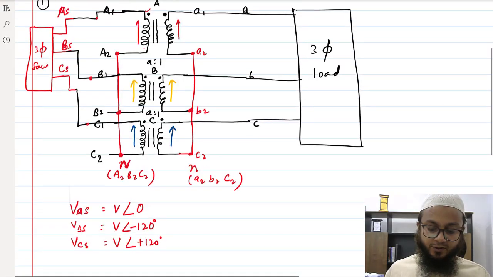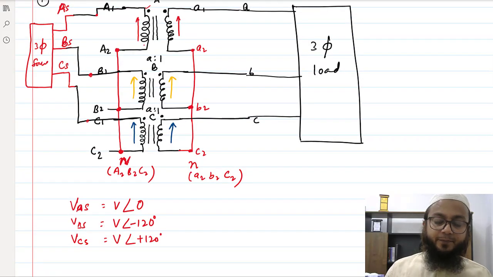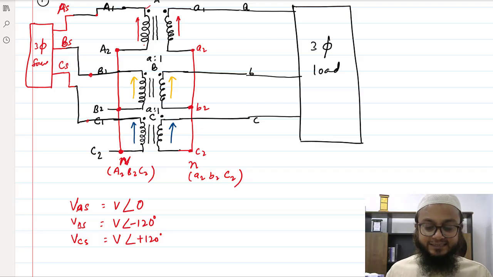Okay. Then what would be the voltages appearing here? So the line voltages, if you see, because these, I said, are the phase voltages, but the line voltages would be root 3 times the phase voltages. Okay.